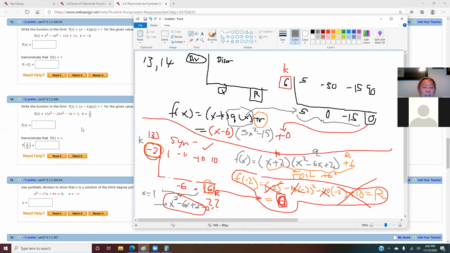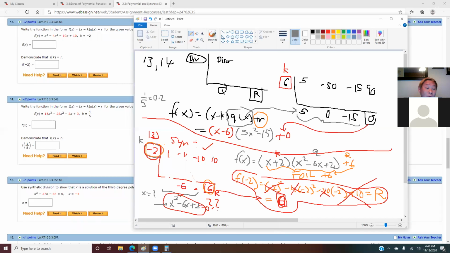And then for question 14, my advice is to change this into decimals. You know what 1/5 is in decimal? You have your calculator, right? Yeah, I have my calculator, sorry. 0.2. Yep.